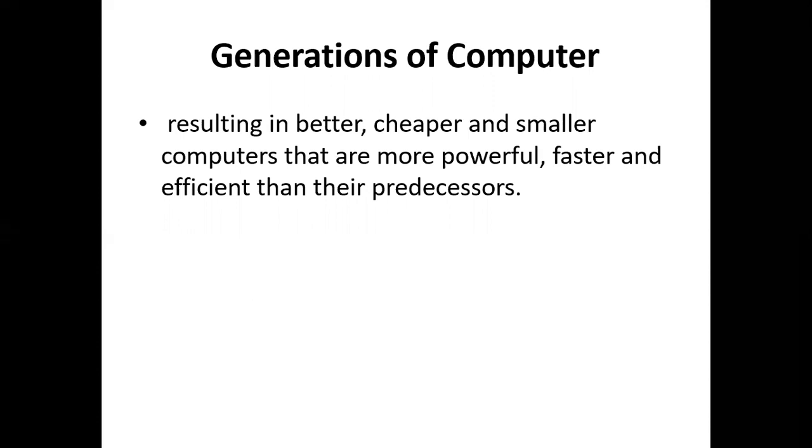Each computer generation uses a specific technology to develop the different components of the computer. So we'll quickly look at the 5 generations of computers that we have, and then move on.